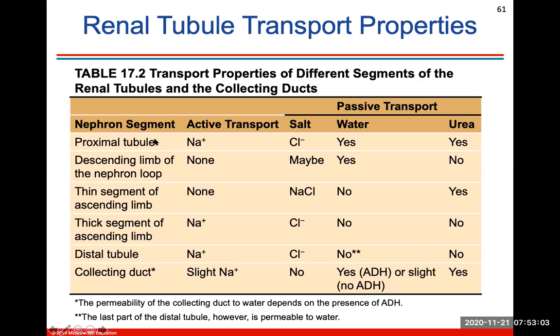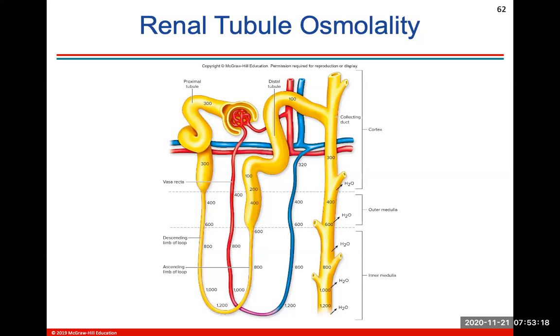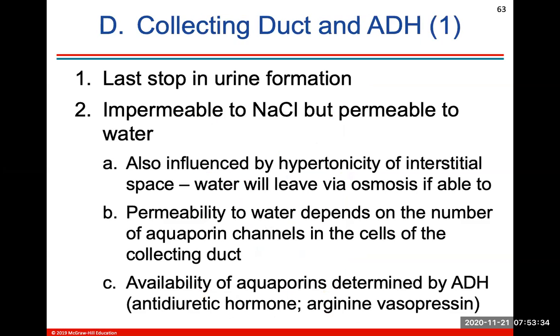Again, I won't ask you too many details on this, just understanding that your glomerulus filters out a ton of filtrate a day, but most of it gets reabsorbed right away back into the peritubular capillaries and the vasa recta. So this takes you through the differences. These numbers are where things are getting absorbed, showing the vasa recta right next to the tubular system, ready to reabsorb ions and water back into the blood.